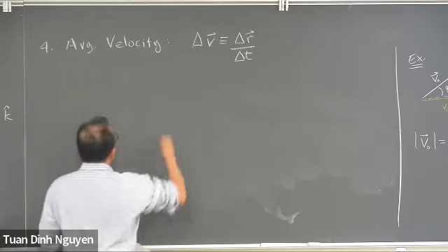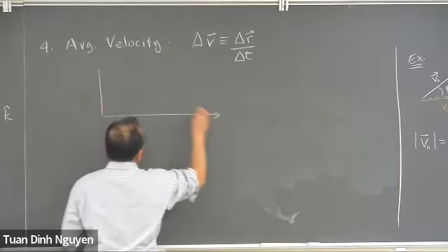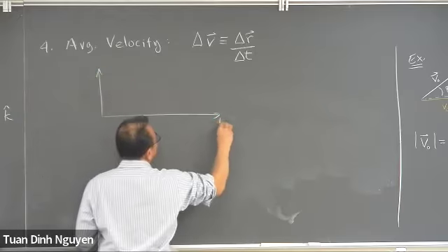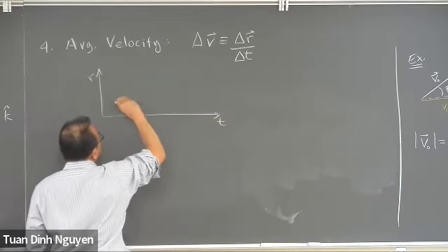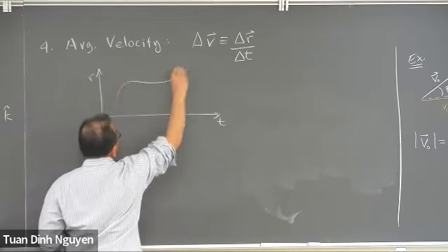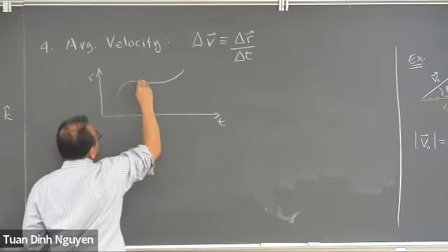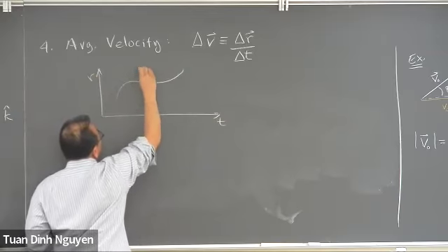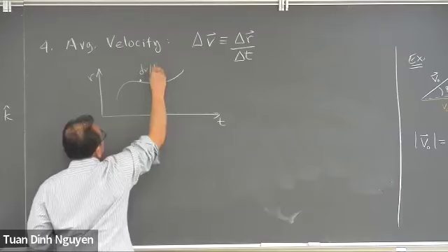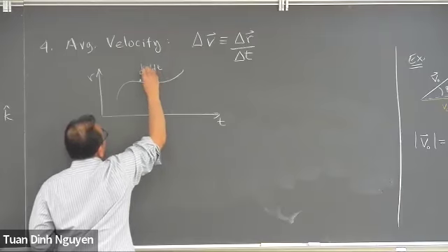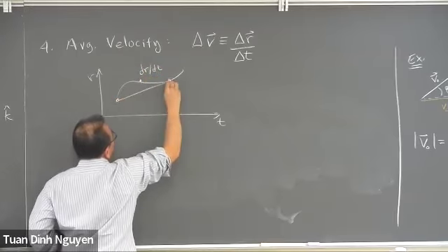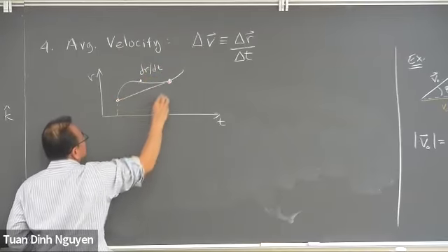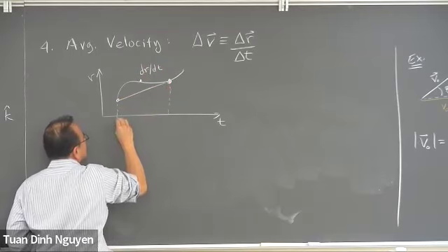And you saw that if we look at r as a function of time, the slope at this point will be dr/dt. But the average is something between two different times.